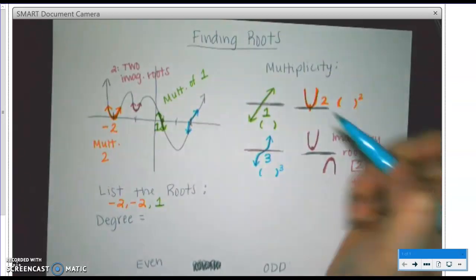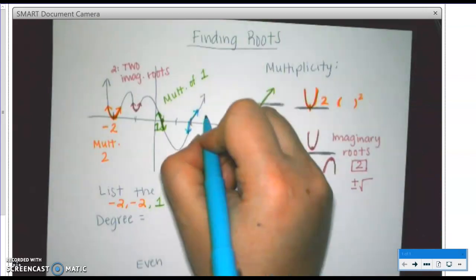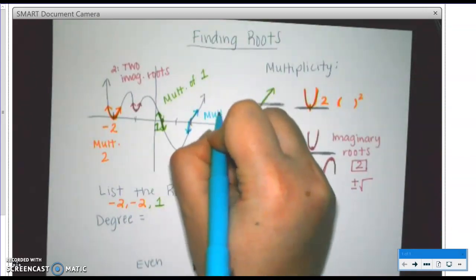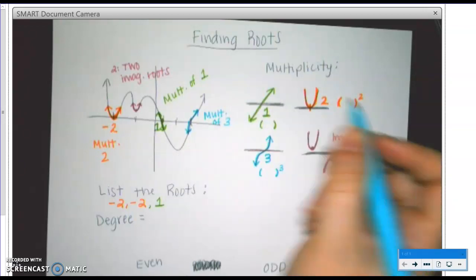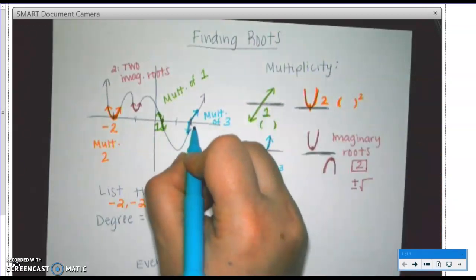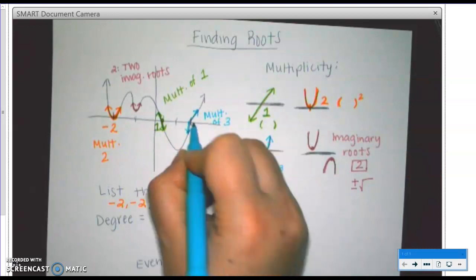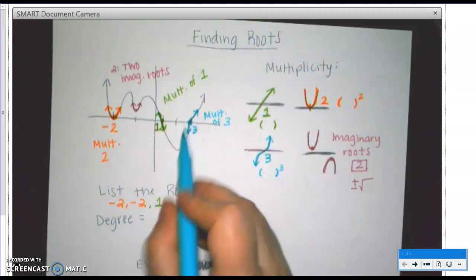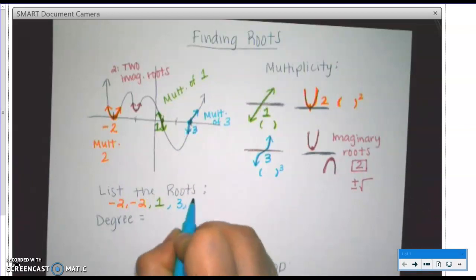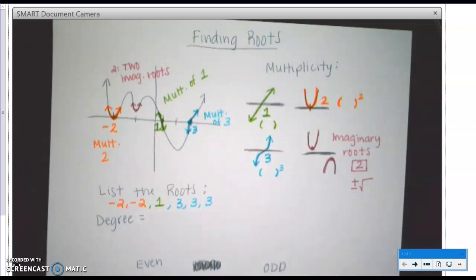It's just curving through. So that root has a multiplicity of 3. And it just so happens that that point on the x-axis looks like the number 3 as well. Because it's going through curvy like that, that root counts 3 times.